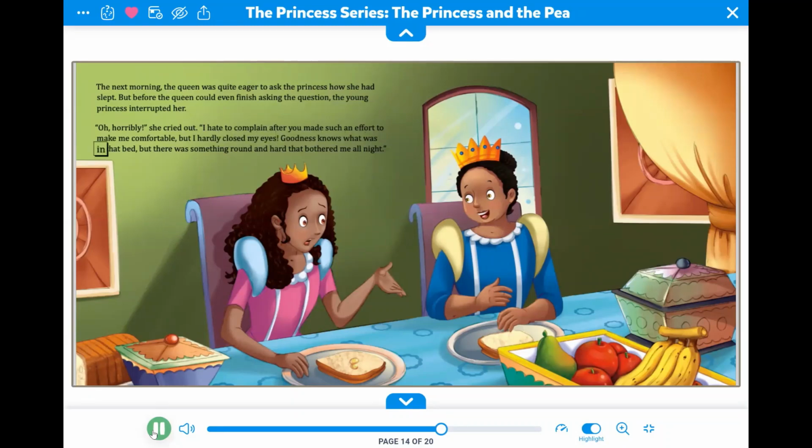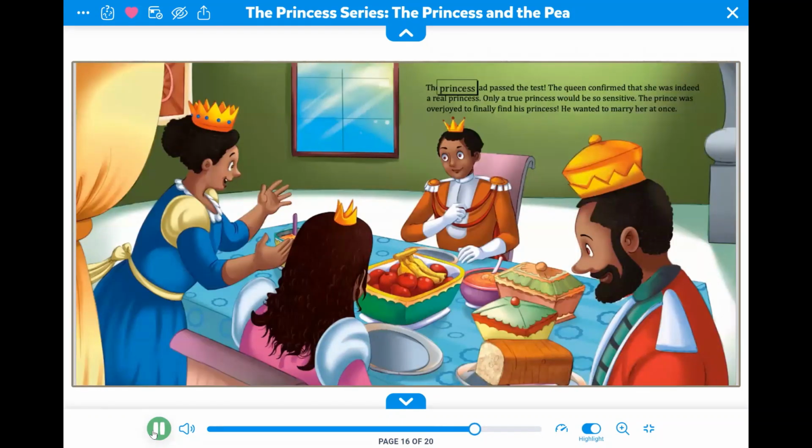Goodness knows what was in that bed, but there was something round and hard that bothered me all night. The princess had passed the test. The queen confirmed that she was indeed a real princess. Only a true princess would be so sensitive.